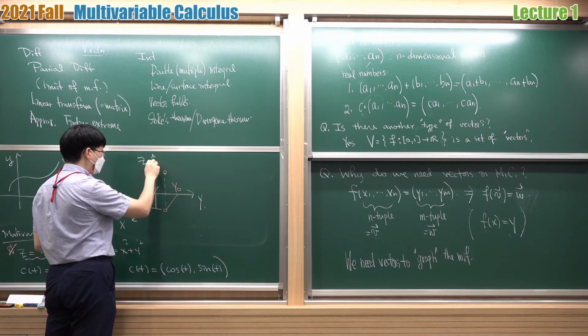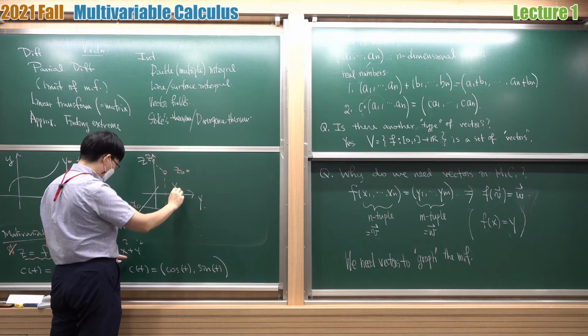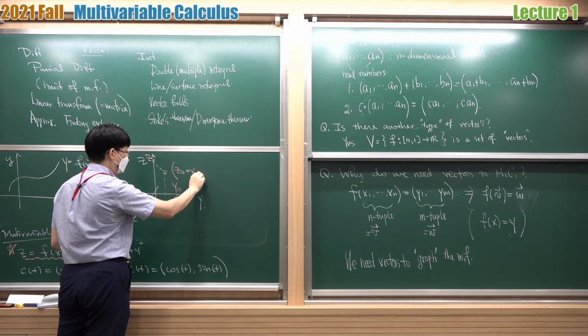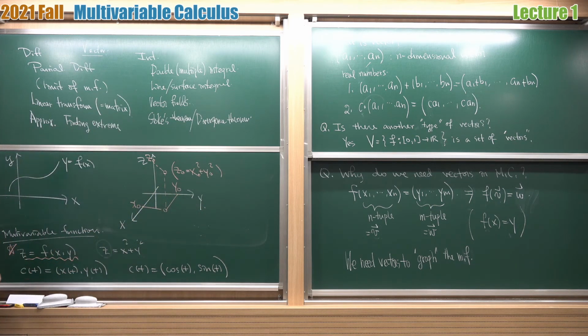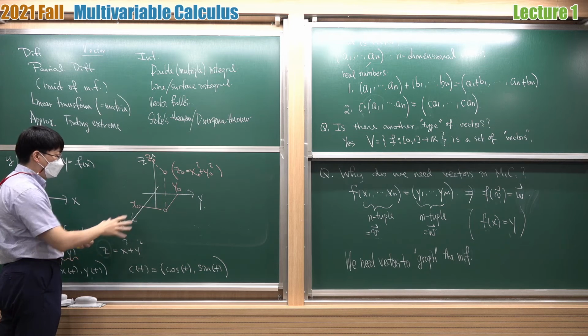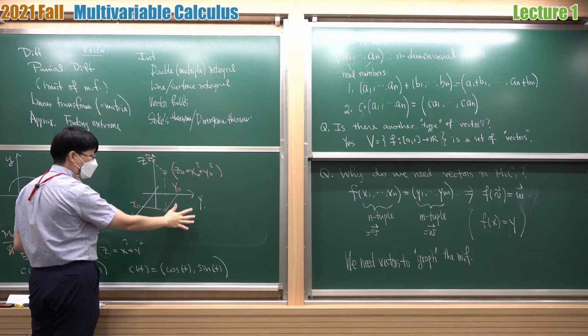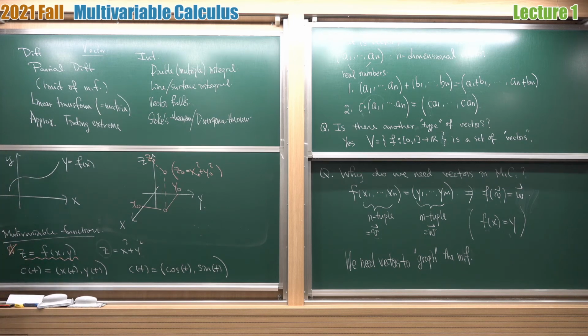So there is a z0, in this case x0 squared plus y0 squared, determined by this formula. I need to plot this point, and I have to do this for all x0 and y0 on this x and y plane. And then put it all together, it becomes the graph of the function.